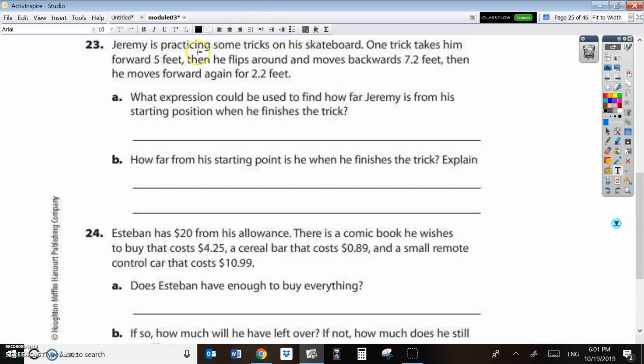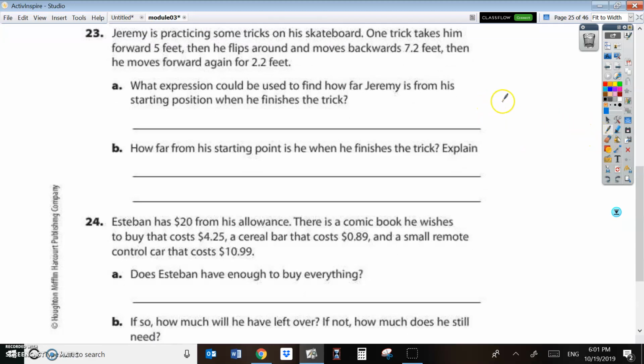Alright, Jeremy is practicing some tricks on his skateboard. One trick takes him forward 5 feet, so let's make a picture of that. So here's forward 5 feet. We'll call that plus 5. Then he flips around and moves back 7.2 feet.